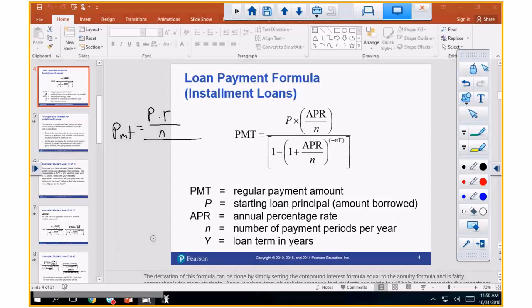Over, and I put 1 over 1 minus 1 plus R over N raised to the NT power. Okay, when I put that over 1, what does that do to the negative exponent? Makes it positive. So that's about the only thing different that I do on this one, because if you don't want to use the 1 over, then don't use it. Use what you see right there.